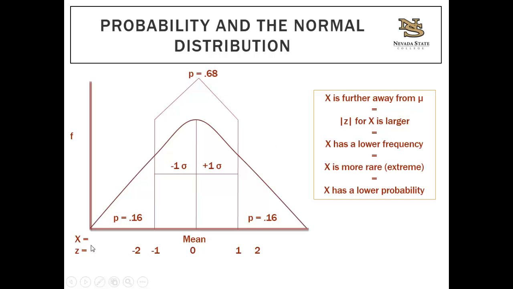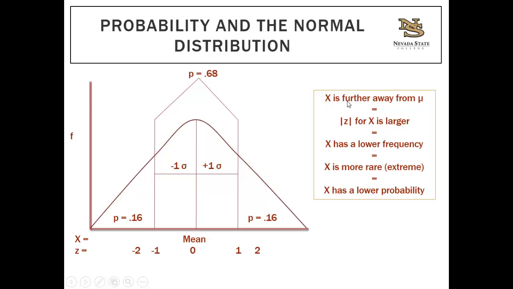So we have predictable characteristics and probabilities within the normal distribution based on z-scores and the fact that we know it's a normal distribution. So if you think about extreme scores, as the absolute value of the z-score increases, you know that the score that that z-score represents is getting further away from the mean.